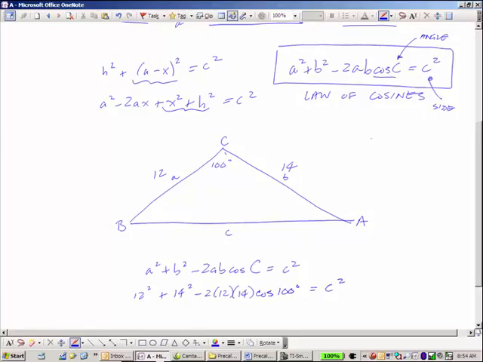Can you see that angle C is always going to be between side A and side B? Is that true? Like if we draw another triangle like this and I have A, B, and C, that means angle C is over here. Can you see that angle C is always going to be between side A and B?